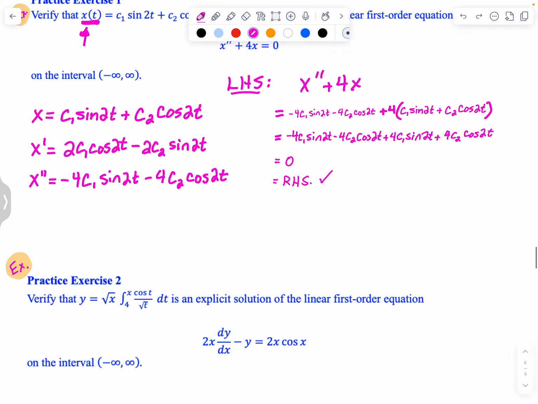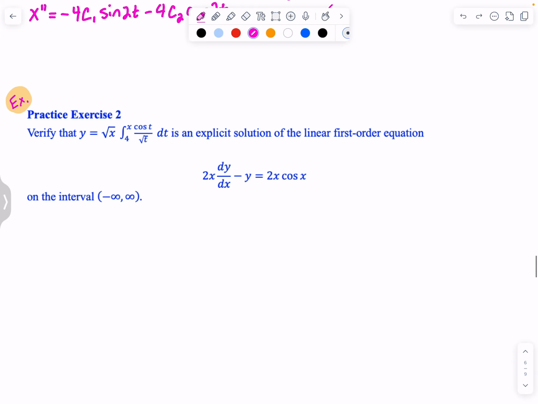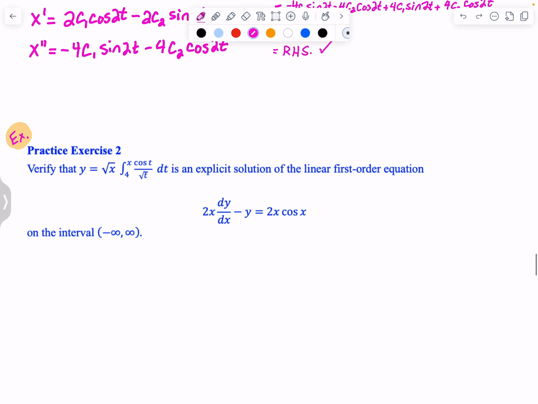Okay, practice exercise 2. This one looks pretty gnarly. What we're going to have to do is, I want to talk about something real quick. If you're in Calc 3, this idea really is the key to the back half of that class, the back third maybe. Let me show you.